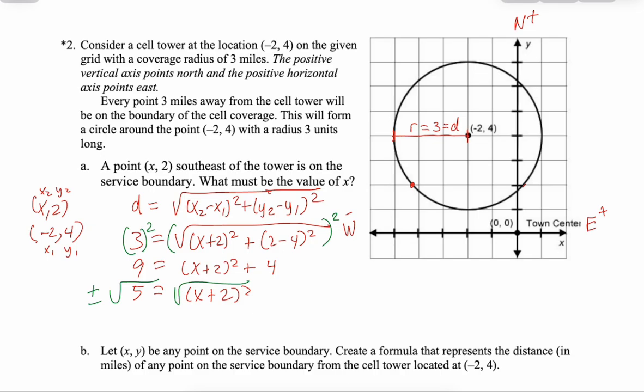And what we get is that plus or minus the square root of 5 is equal to x plus 2. Now let's move that 2 over by subtraction. We get that just always shove it in the front of the plus or minus symbol. That's what I do to make sure that I don't mess up.